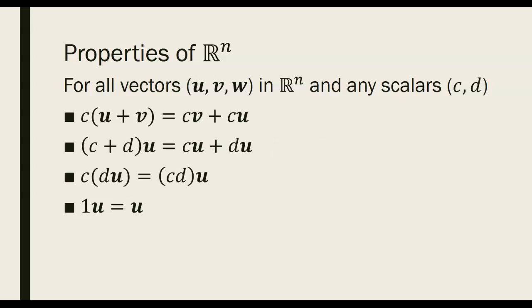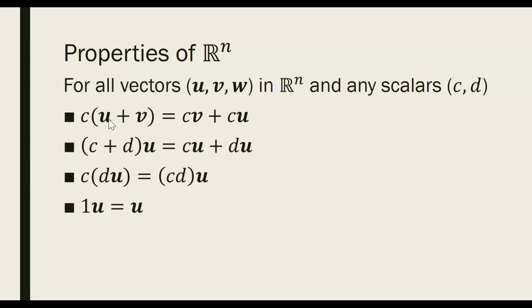Now, when we throw in scalar multiplication, we need to know how scalar multiplication works with vector addition. Basically, just like with real numbers, we have this distributive property, when we have vector addition and scalar multiplications, those also have distributive properties.